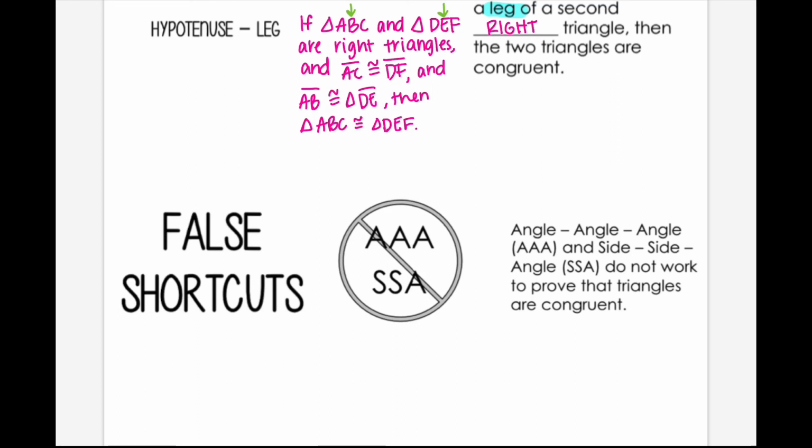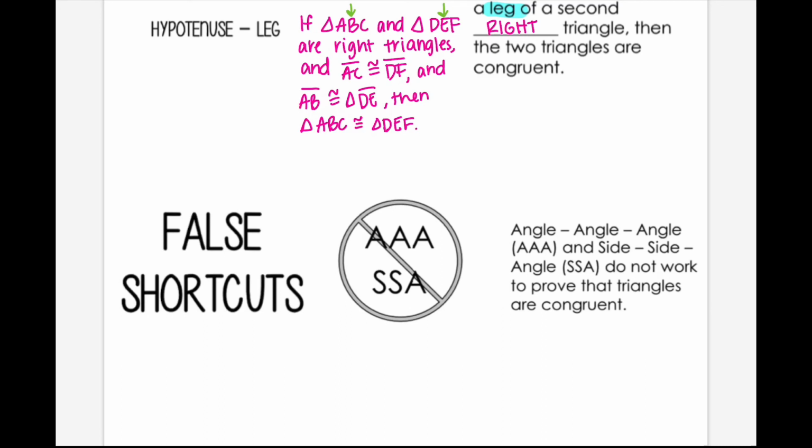But we do have some false shortcuts. So we've talked about having at least two sides and at least two angles. However, there are two shortcuts that don't always work. The first one is angle, angle, angle.